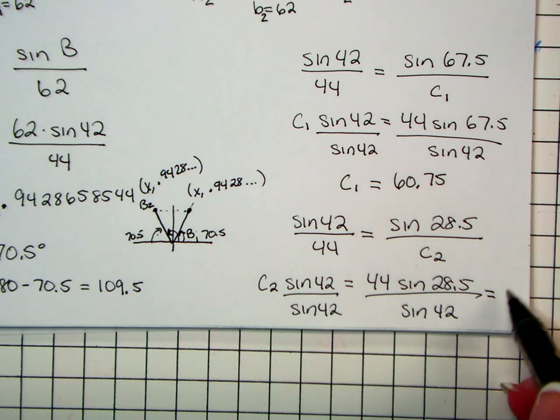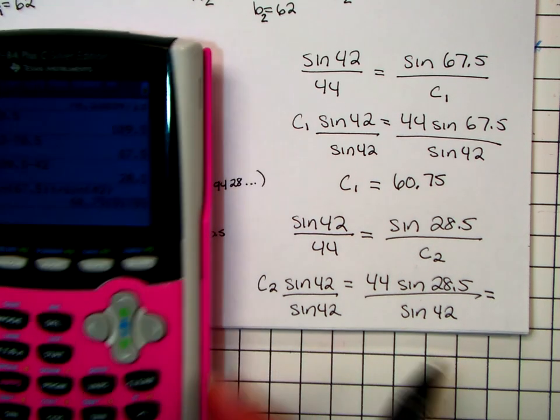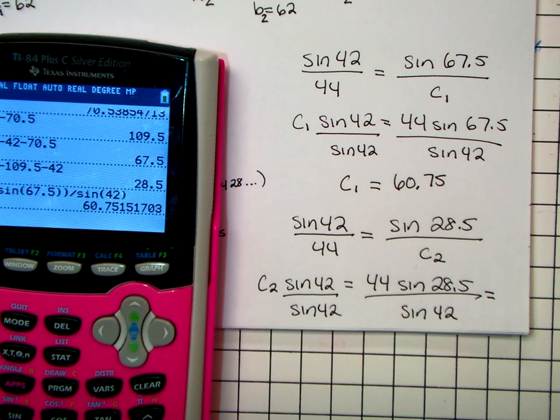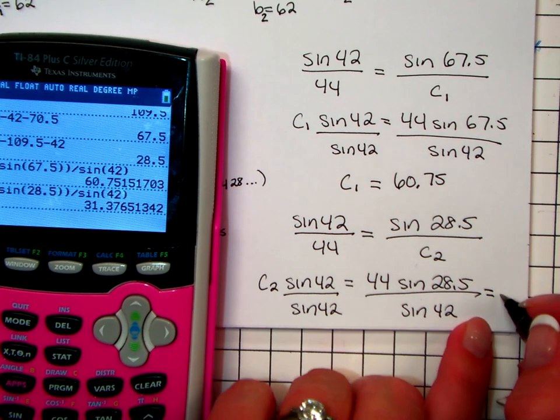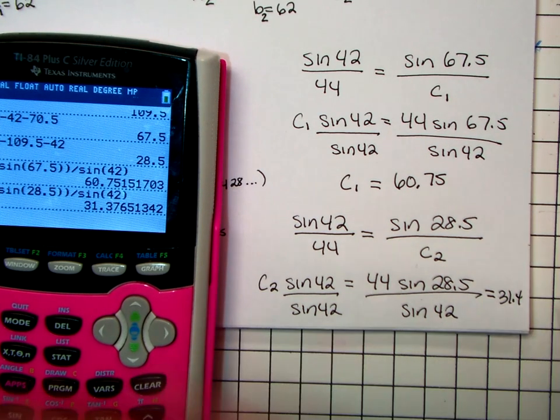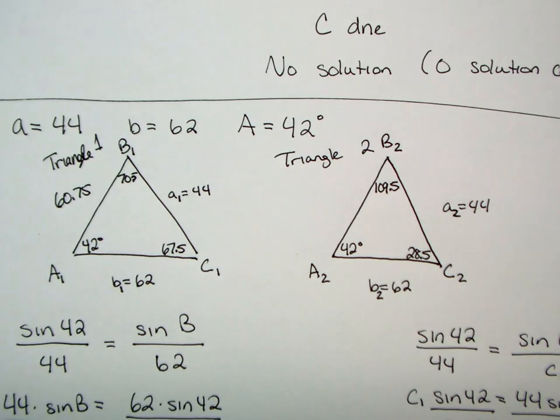I'll just write my answer here. Alright, so 44 sine 28.5 divided by sine 42 is 31.4. So that's little c sub 2. Okay, 31.4.